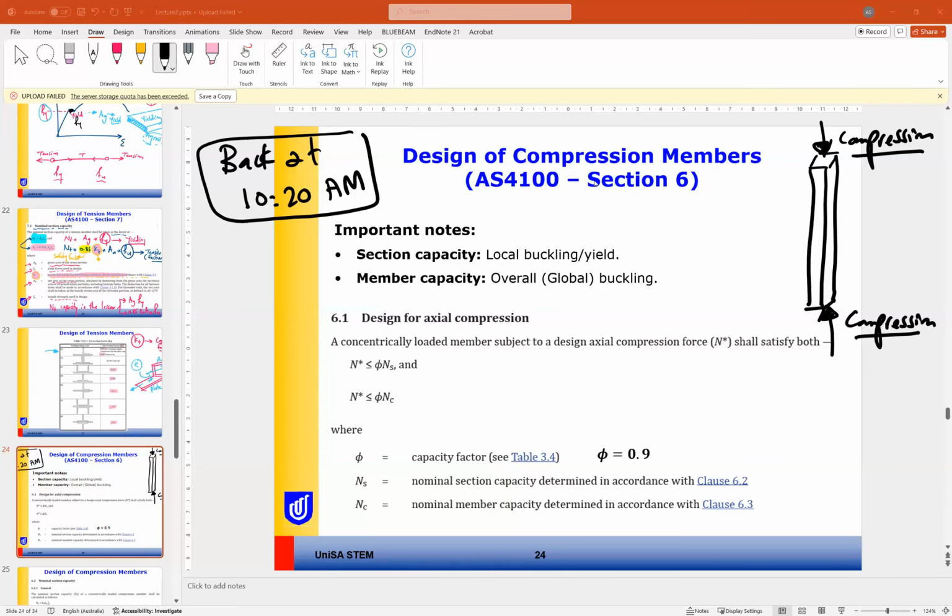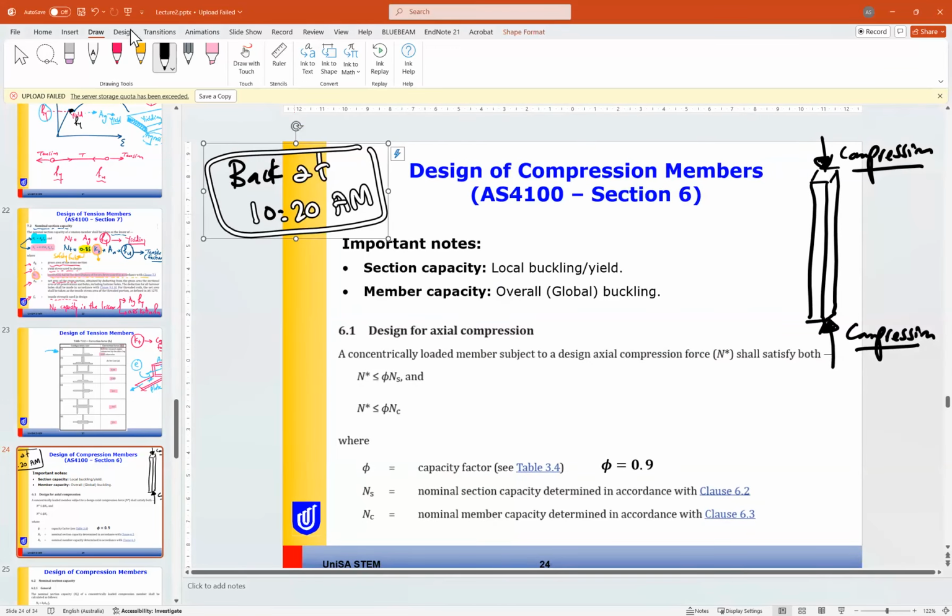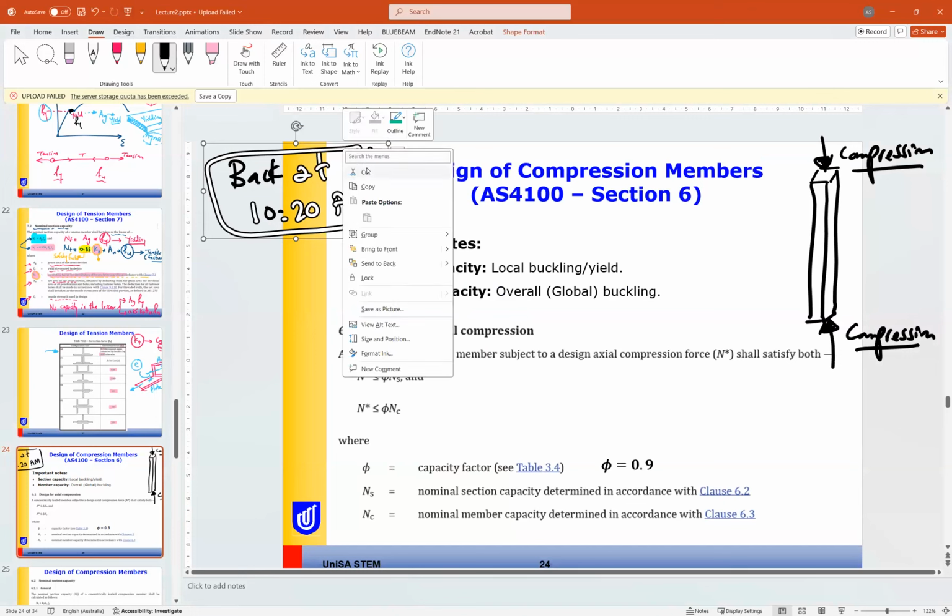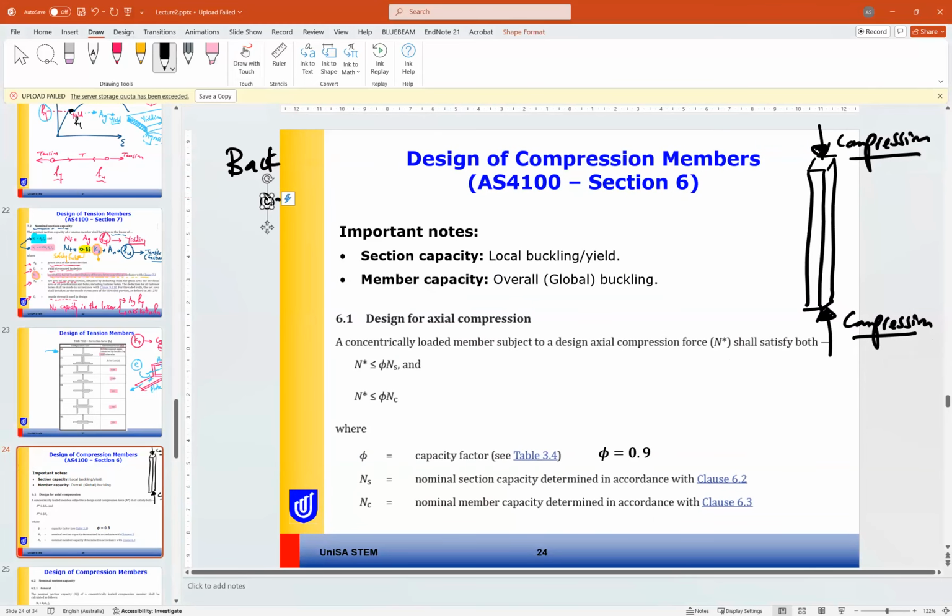Okay, guys, I think we can start again. Now for the design of compression members, according to the Australian standard, section 6, for the compression member, we have two criteria for the design.